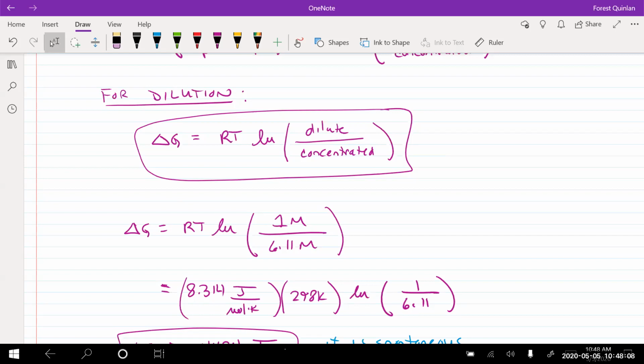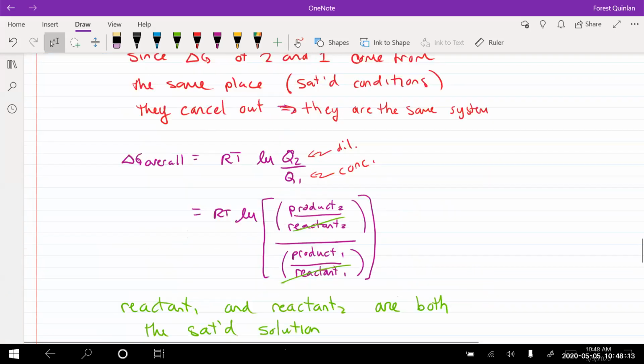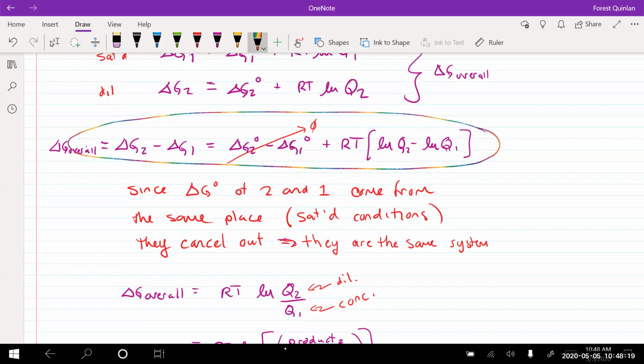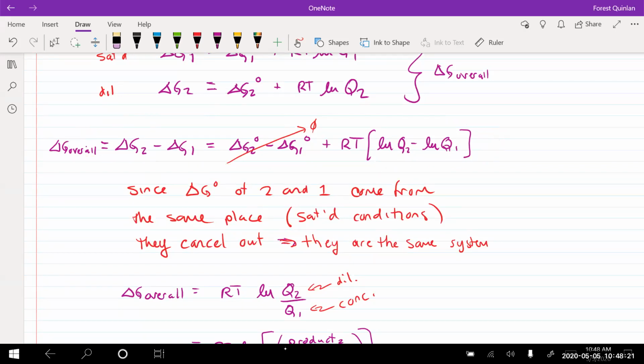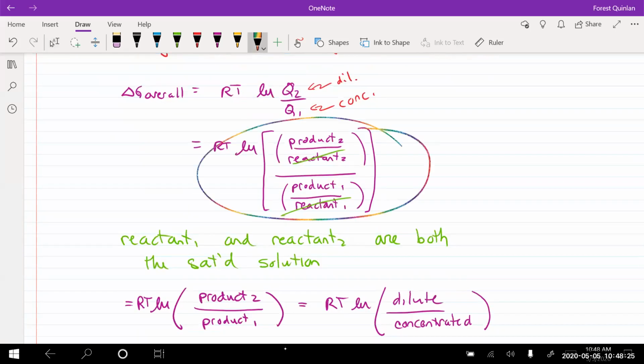Because if they were dissimilar systems, all of these values right here would have to be known and calculated, and you wouldn't be able to get rid of your reactants down here. You'd have to keep them all in there. You just have more things to keep track of.